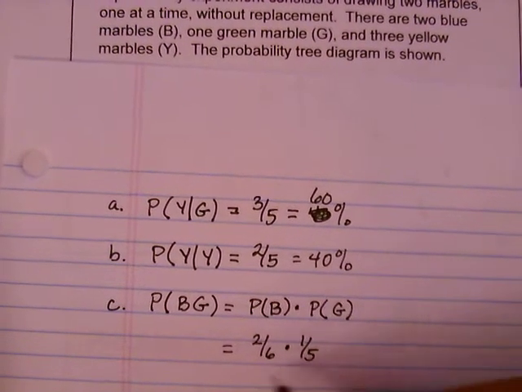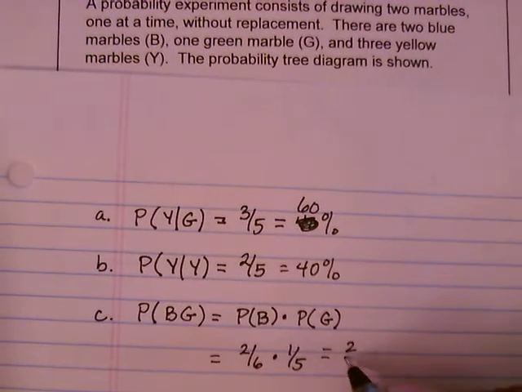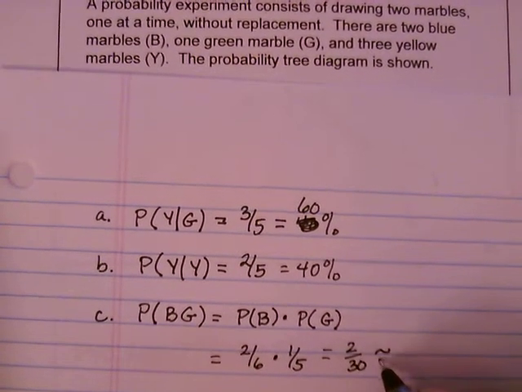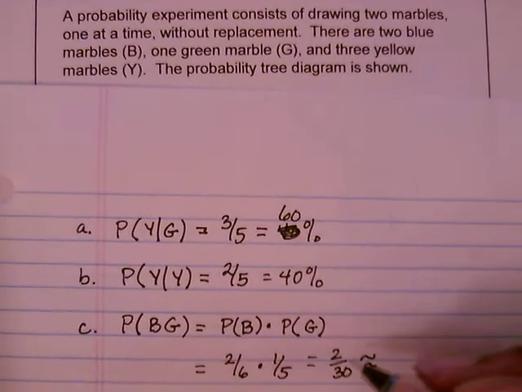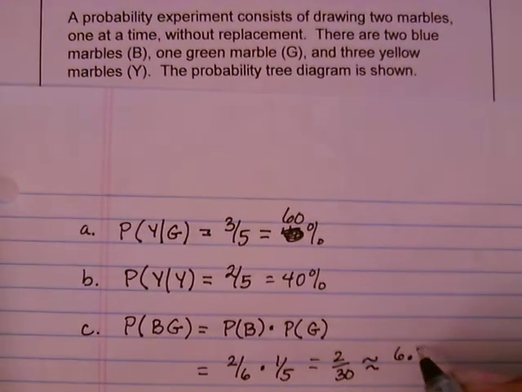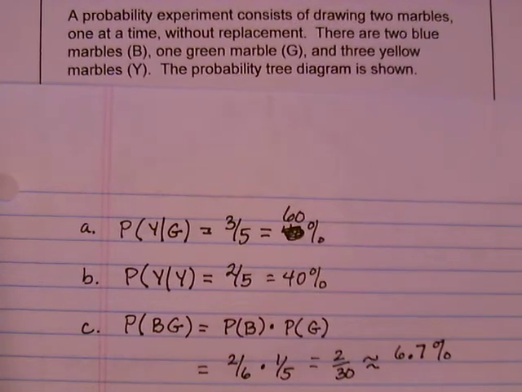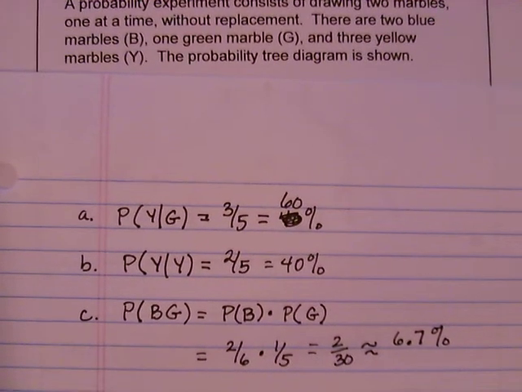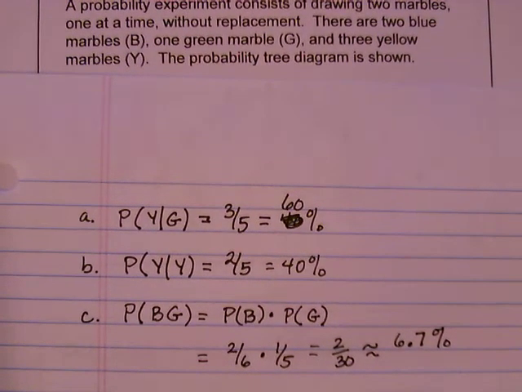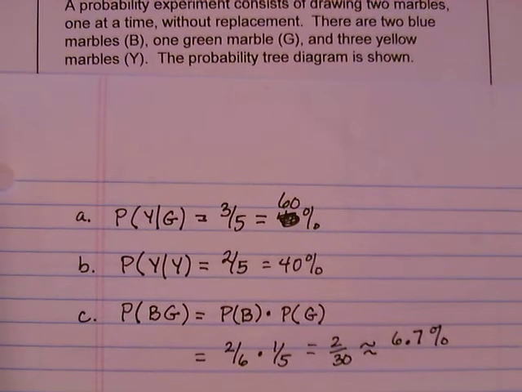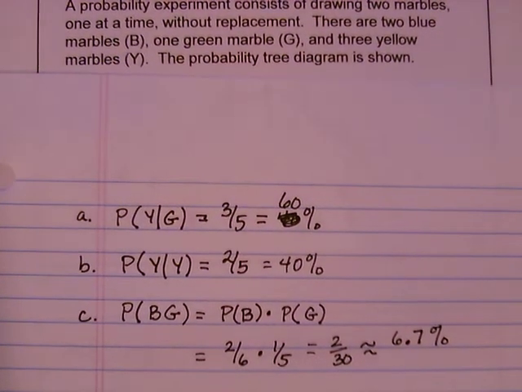And this is going to end up being 2 over 30. And as a percent, this would be approximately 6.7%. That would represent the probability that the first marble is blue and the second marble is green.